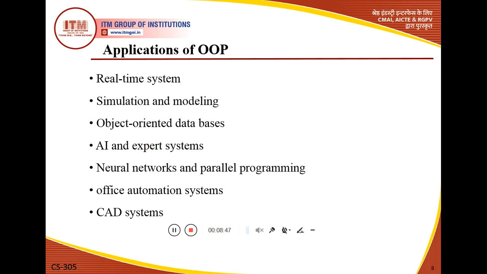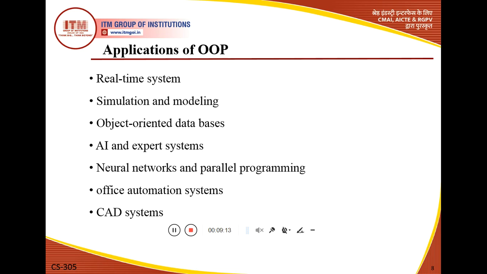Now there are some applications of object oriented programming. So what are the applications of object oriented programming? Object oriented programming will be used in real time systems. If we design a system that is based on real time, simulation and modeling purposes, so if we want to simulate and design any model, we will use this type of programming language.